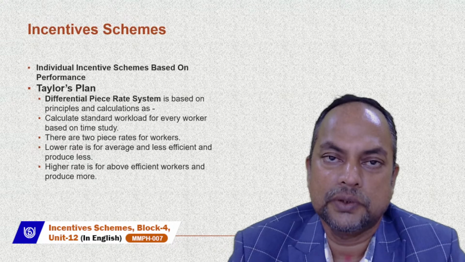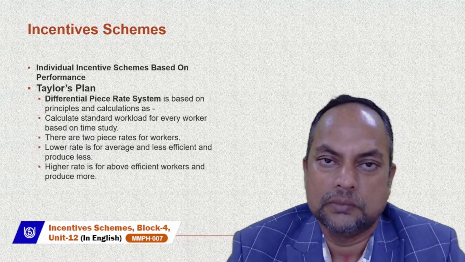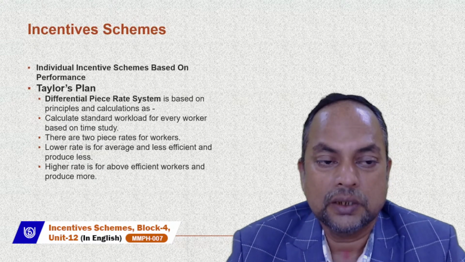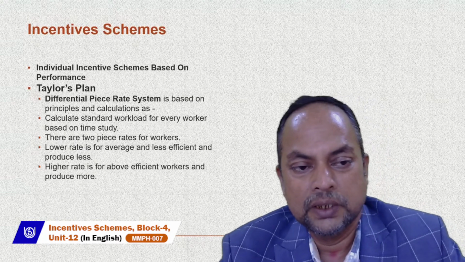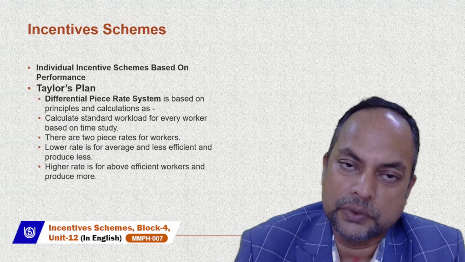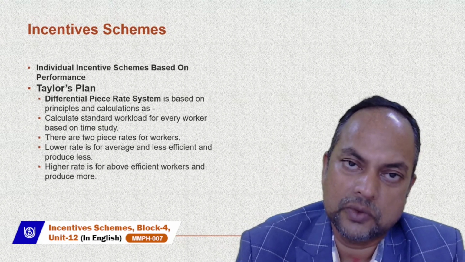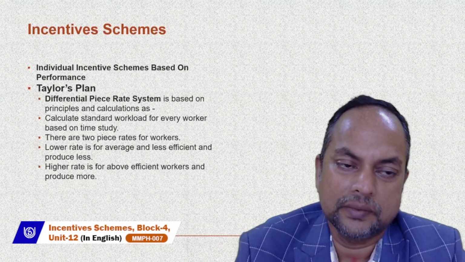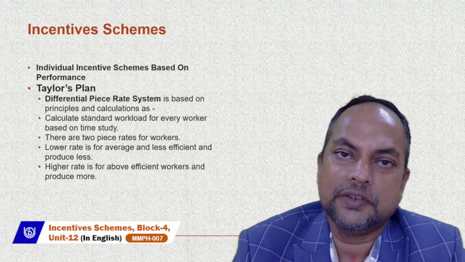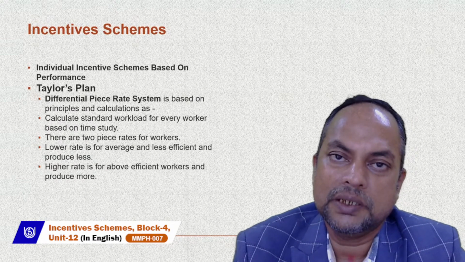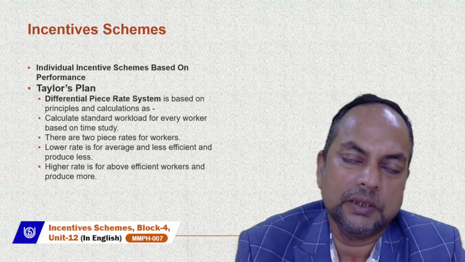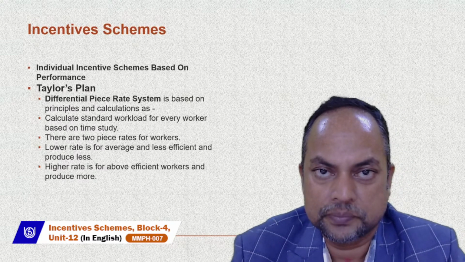The employee who is producing more number of agarbattis is more efficient. Right? Now, what Taylor had introduced is that, all those workers who meet the standard or less than that, right? For them, a differential piece rate would be there, and those who are meeting the standard and above, for them, a differential piece rate would be there.